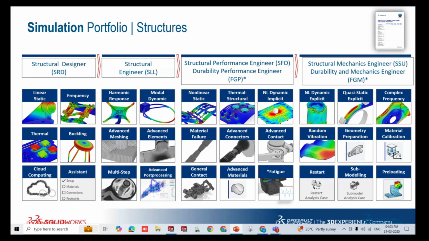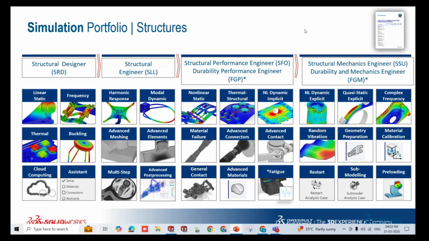We have durability performance engineer also. In durability performance engineer, you will have all the capabilities of structural performance engineer, including that you will have fatigue. And then we have structural mechanics engineer.